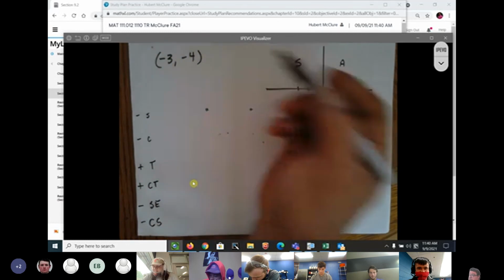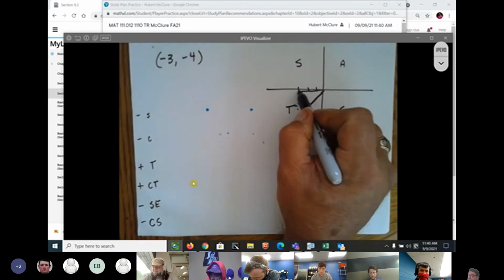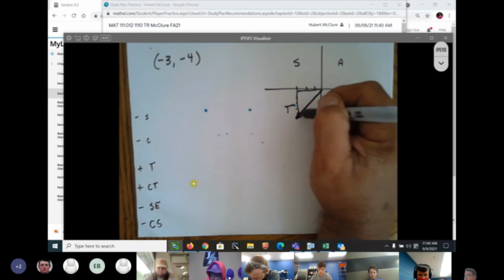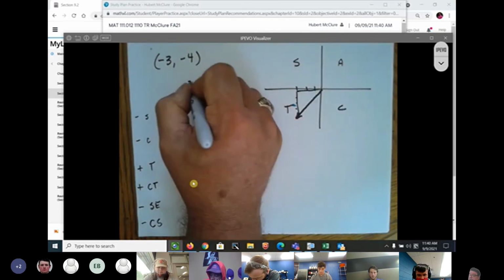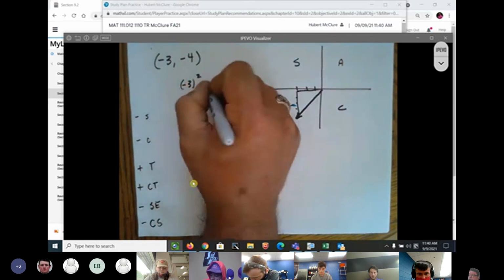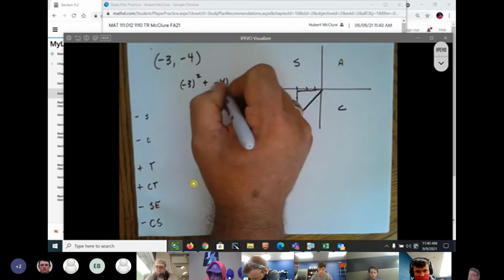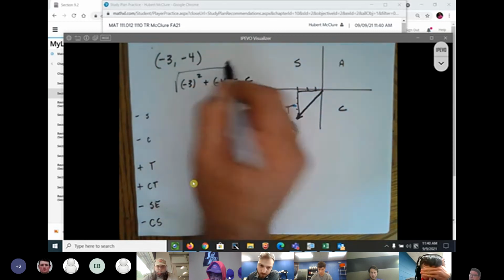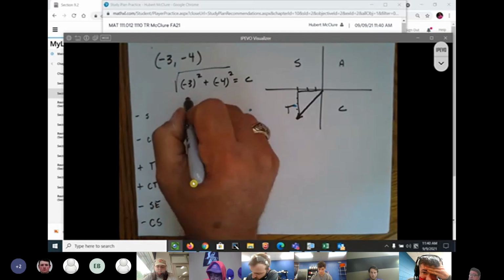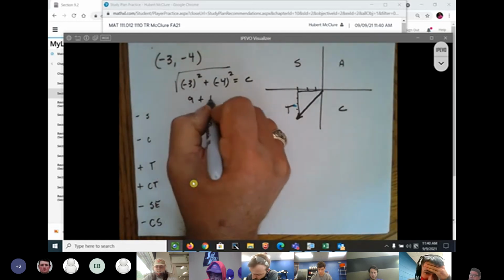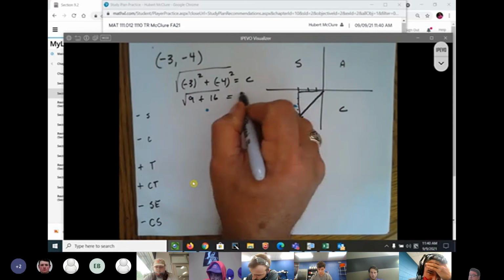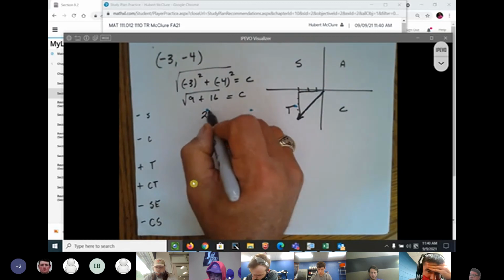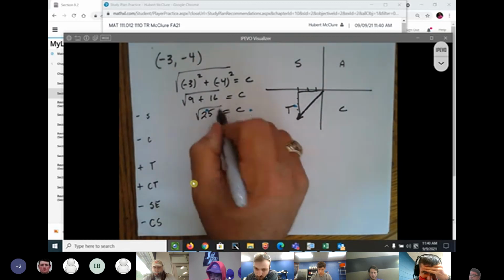All right, so we've got a -3 here and a -3 here. So -3 squared plus -4 squared is equal to C. We'll take the square root of that. So that's going to be 9 plus 16, and 25 is 5.